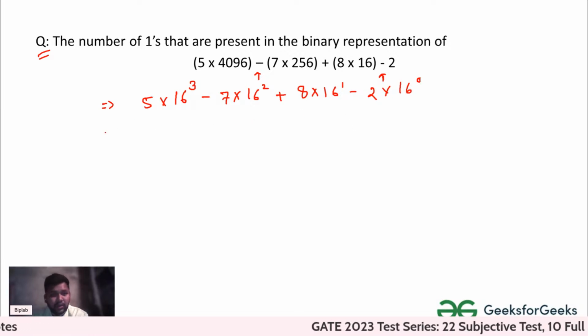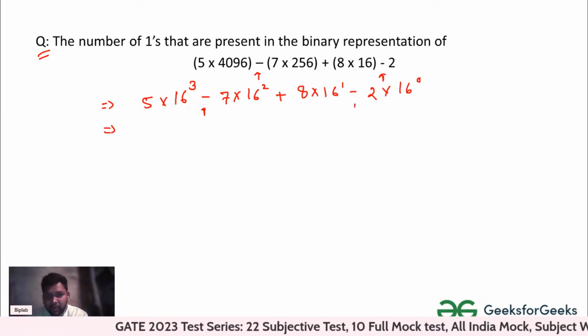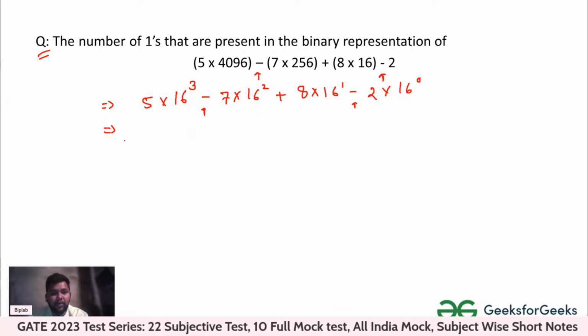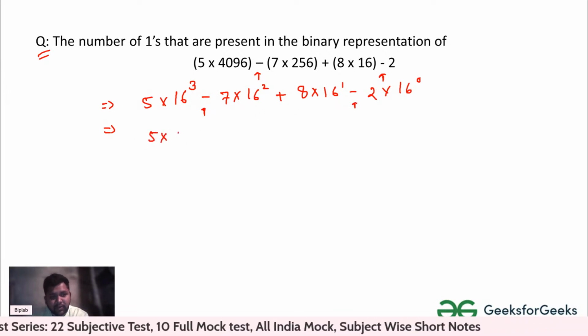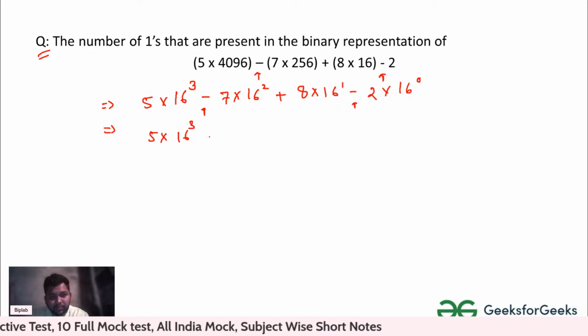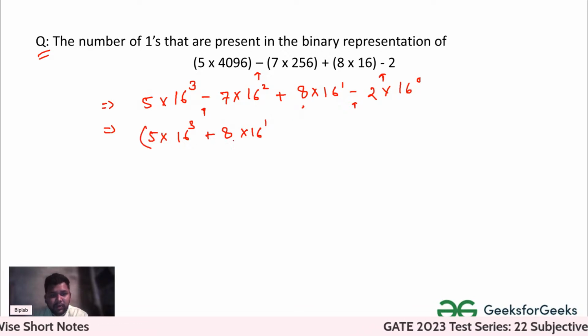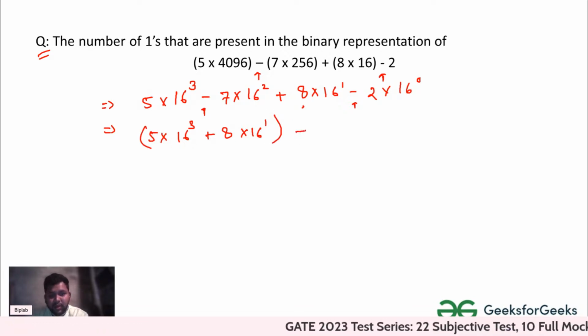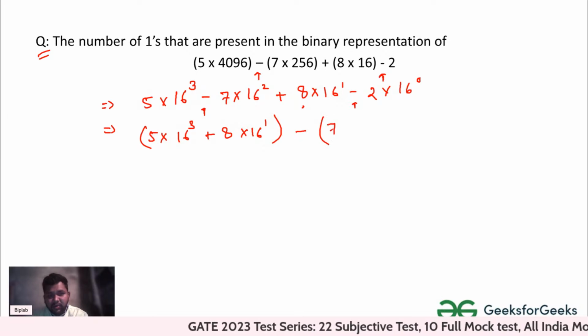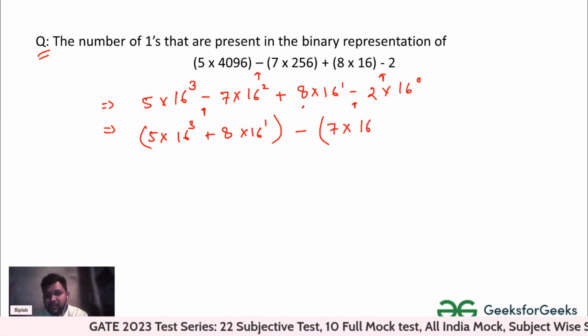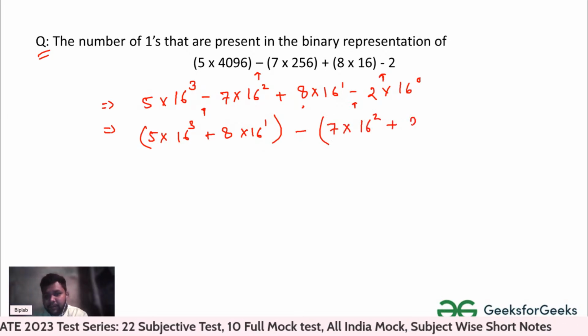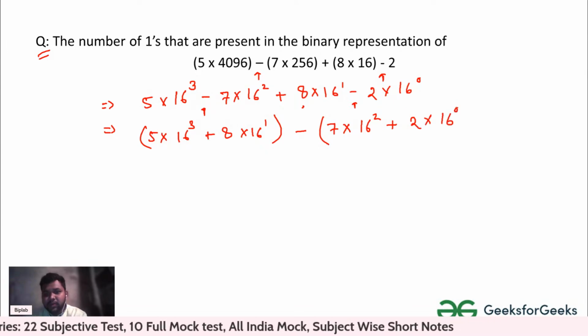Now this minus is creating a problem. So take common: 5 into 16 cube plus 8 into 16 to the power 1. Take these two terms together, take minus as common and write 7 into 16 square plus 2 into 16 to the power 0.